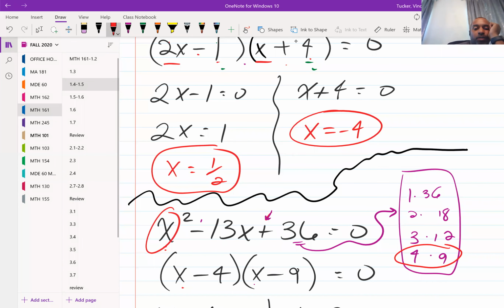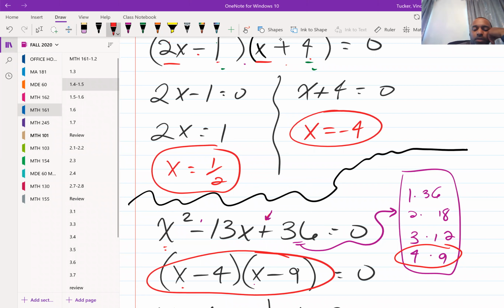Looking at our factors of 1x, it's just x times x. So then we need our factors of 36, which is what I did over here, and ask what factors of 36 will add together to give me 13 in the middle. And that is 4 and 9. So that's how I got this factorization right here.